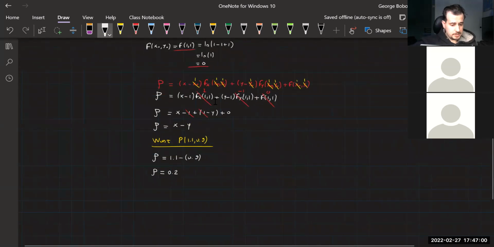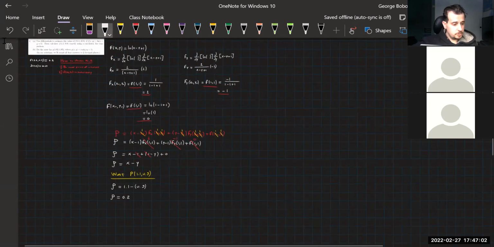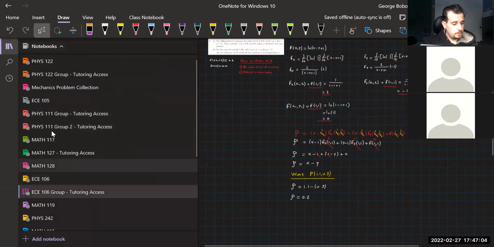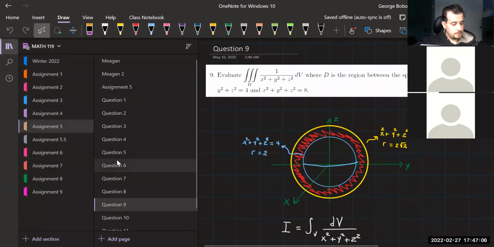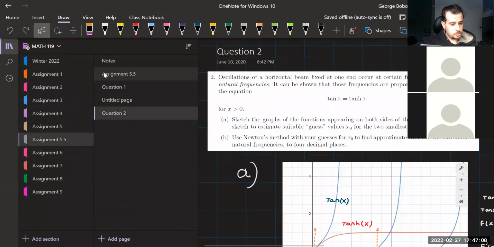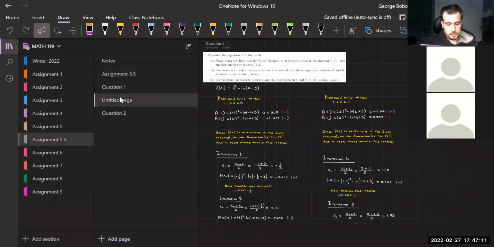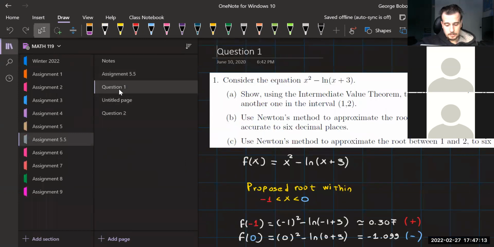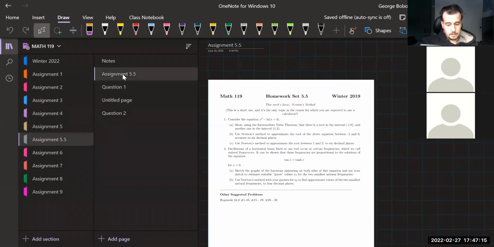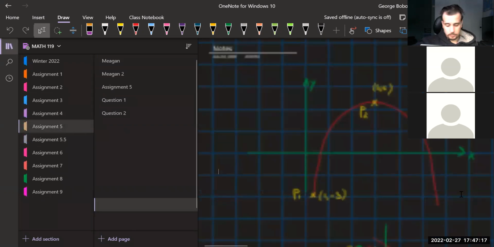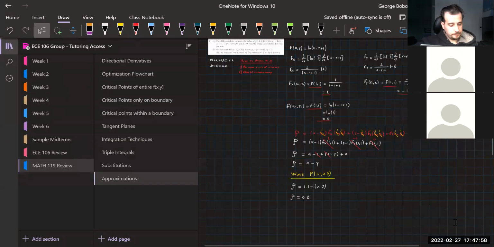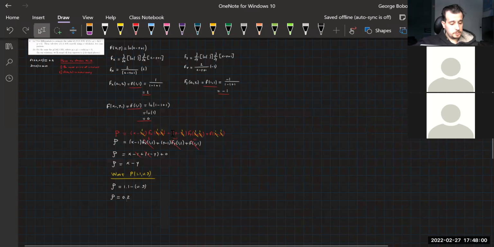Let me just check to make sure no silly mistakes were made, because sometimes I make silly mistakes. This is an approximation question. Let me just pause. So all is good, right?